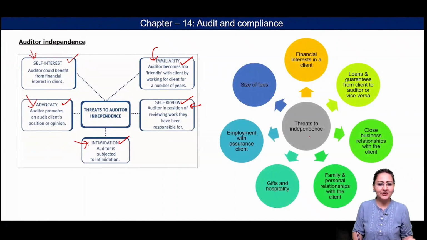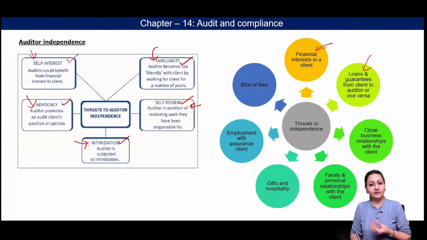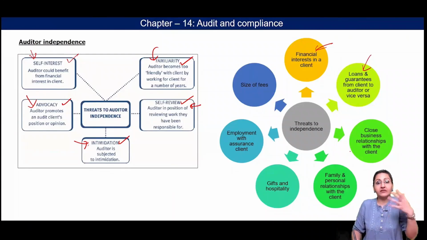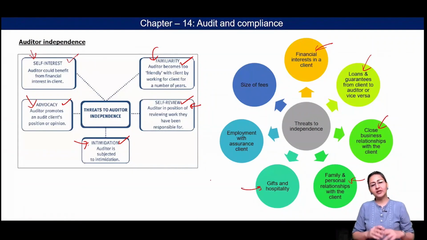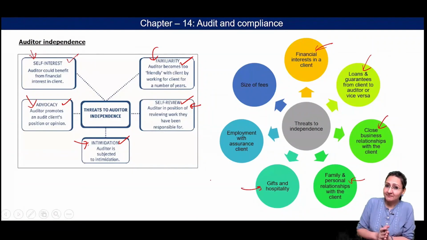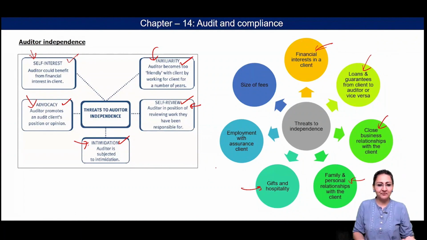There are some other threats to independence also. One, you may have a financial interest in the client. You may have taken loans from the client, or you may have given loan to the client. Close business relationships exist with the client. Family and personal relationships with the client. Too many gifts and too much hospitality being given to you by the client. Then employment with the client.